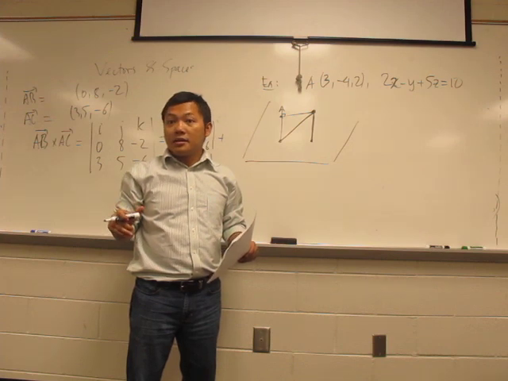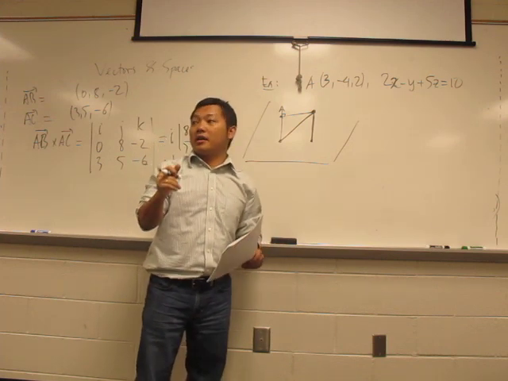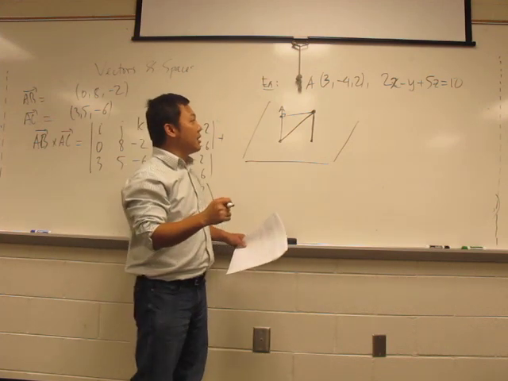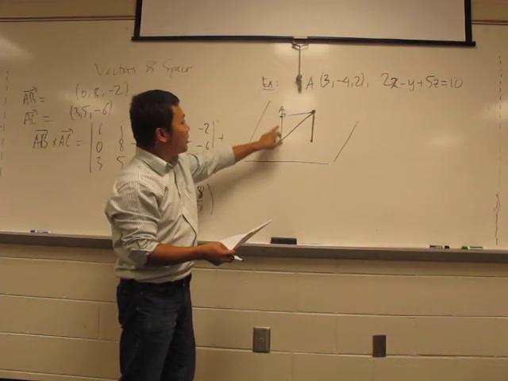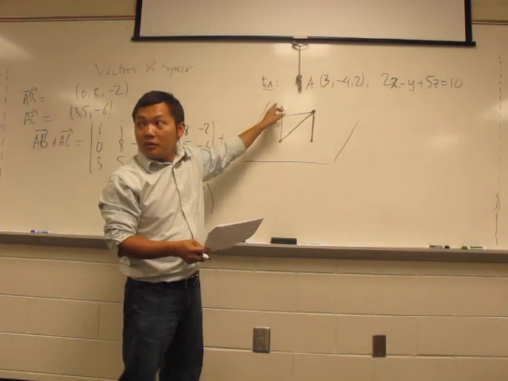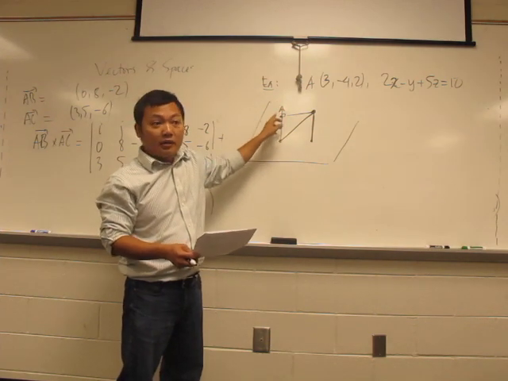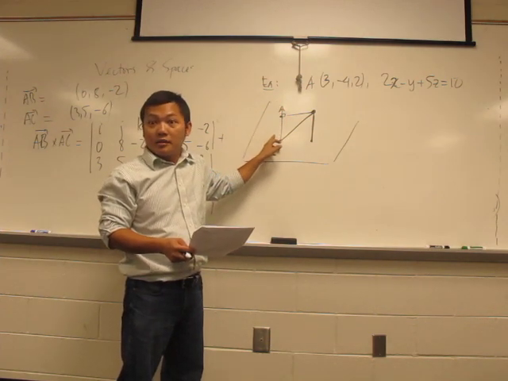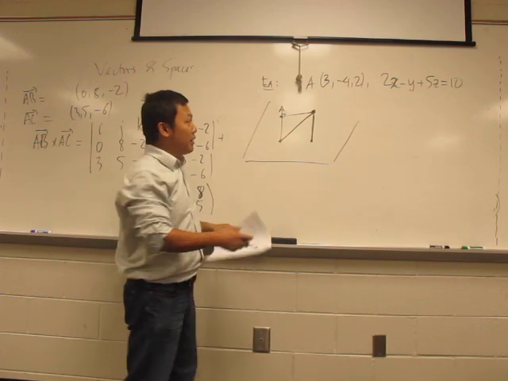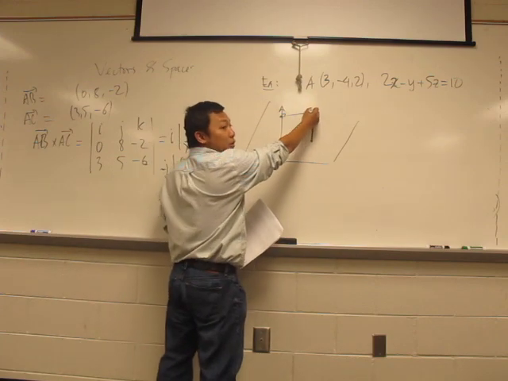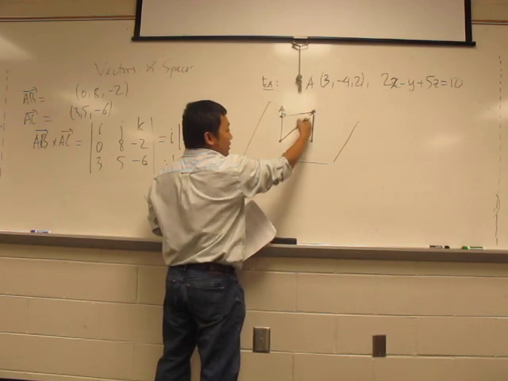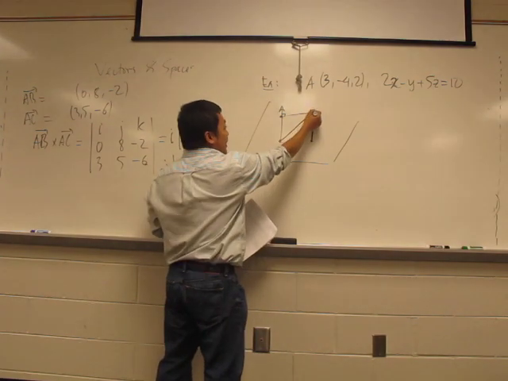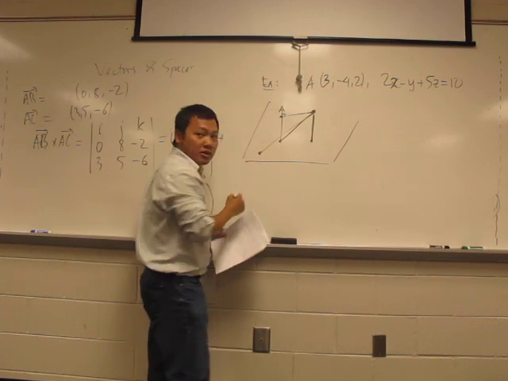Make sense? But we have to be very careful because I think I made that mistake before. Usually we have to pick a point on the plane, otherwise we get it wrong. Because if you consider this vector, it is not this vector, it is the vector between this point and the origin.